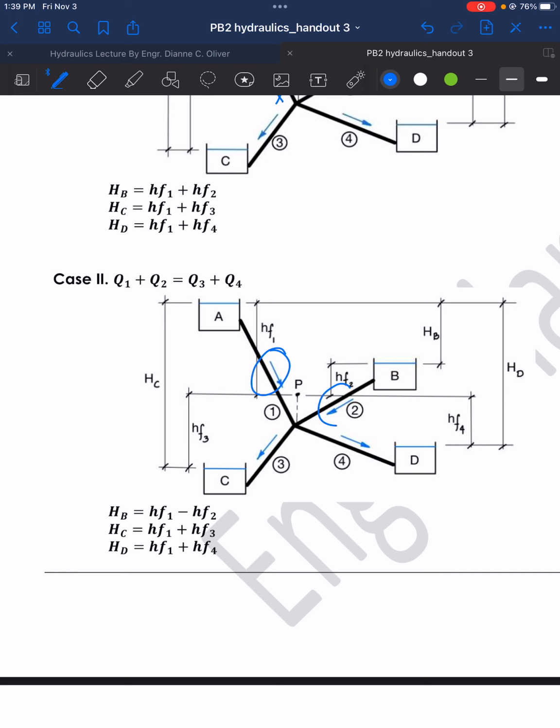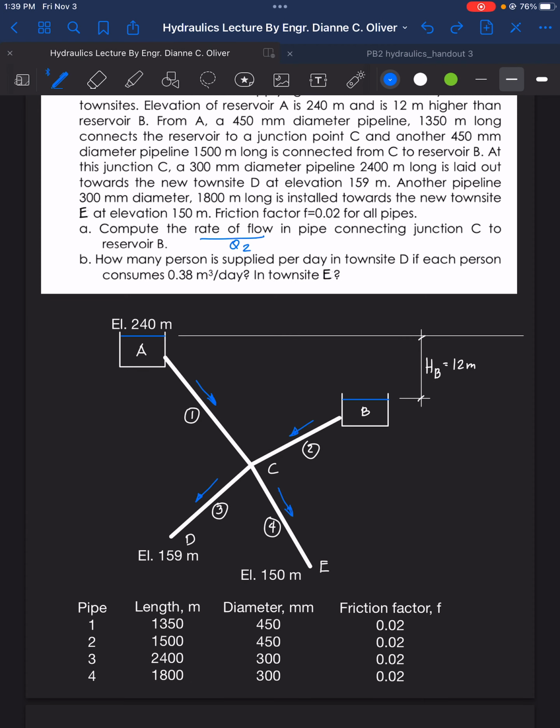For case number 2, the piezometer reading is below the elevation of B. So the piezometer reading here is below B. Therefore, this is our location for P. So this is our P now.